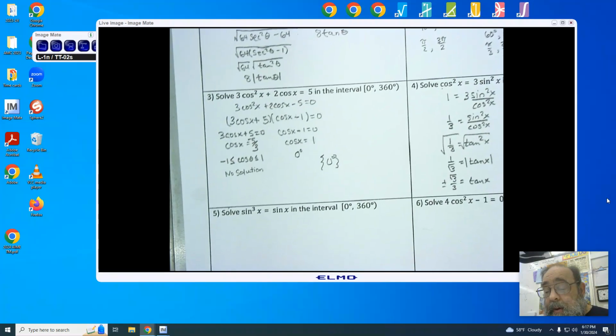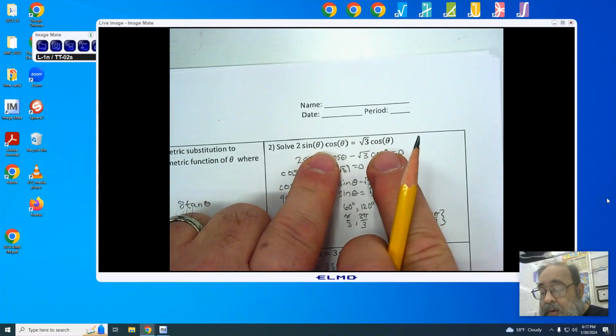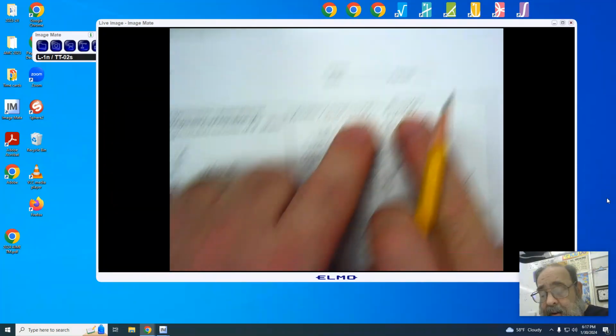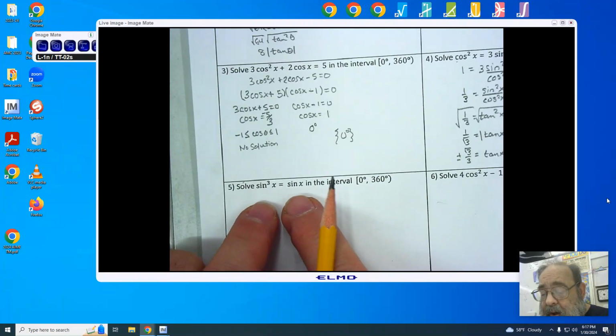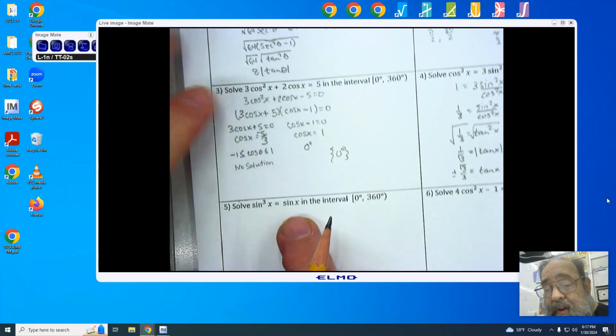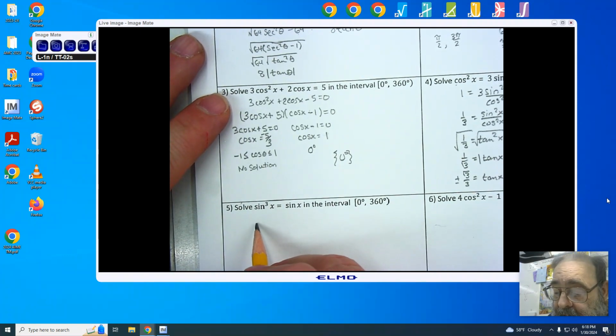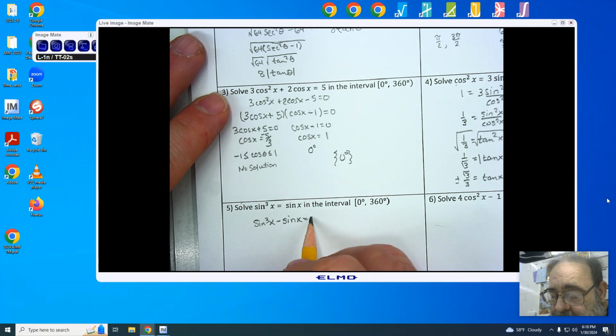Next. Just as we saw all the way back up in number 2, where I have cosine on each side, we now have a sine cubed and a sine on each side. I want to get them onto the same side, and I'm going to factor the sine of x out. So I end up with sine cubed of x minus sine of x equaling 0.